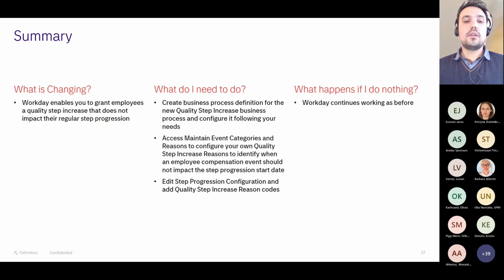It allows you to identify when an employee should not be impacted on the step progression start date, then edit step progression configuration and add your quality step increase reason code. This is totally an opt-in feature, so Workday will continue working as before if you don't opt in for this.